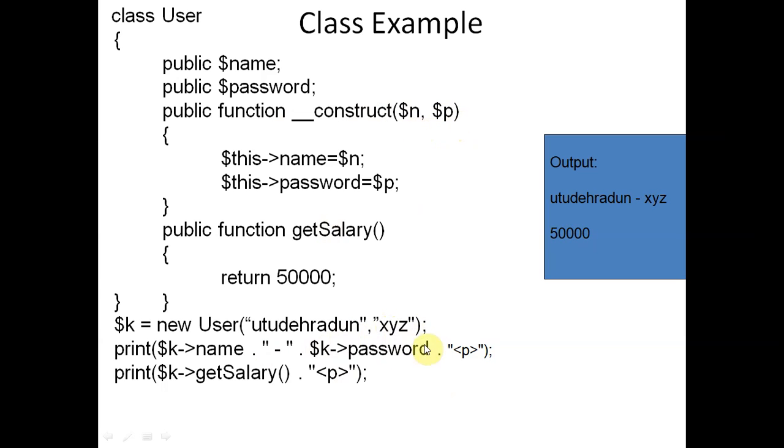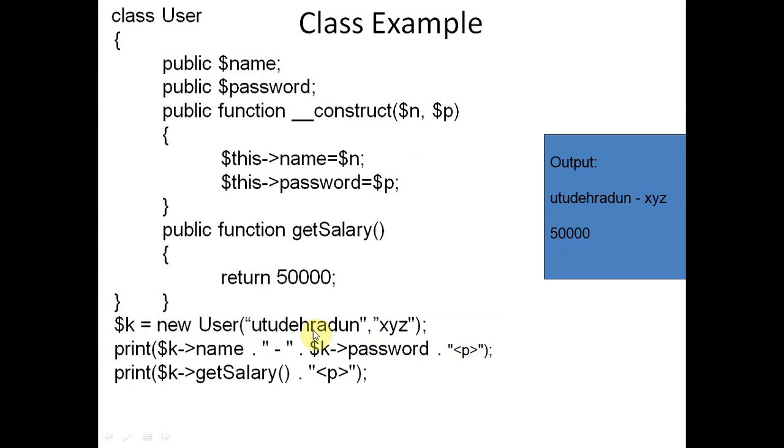So $n and $p are copied from these two values. It means we have used these two variables and we are running this constructor. And now $k is the object of the class.